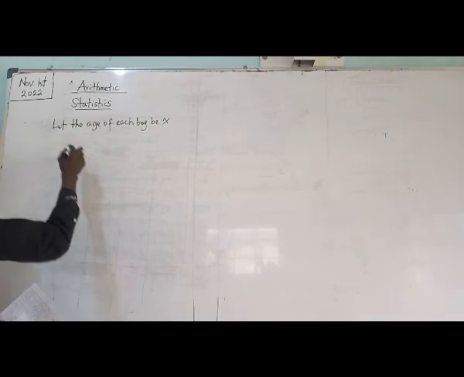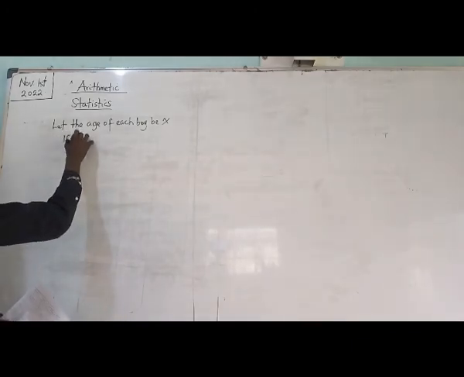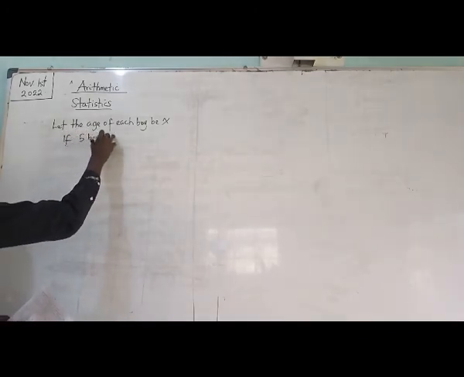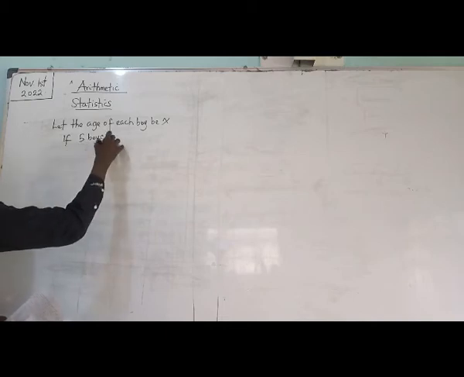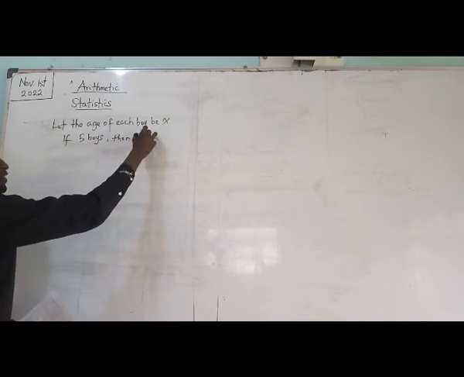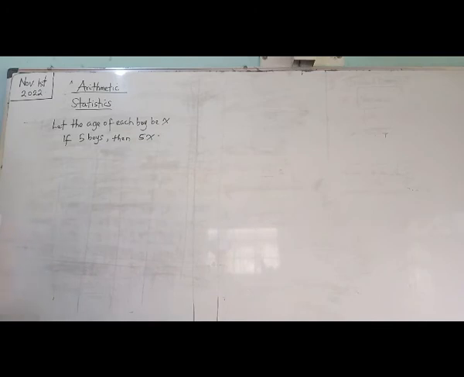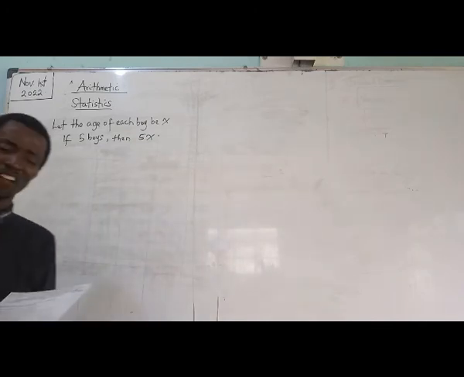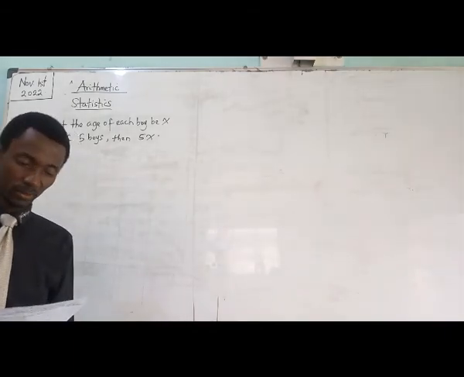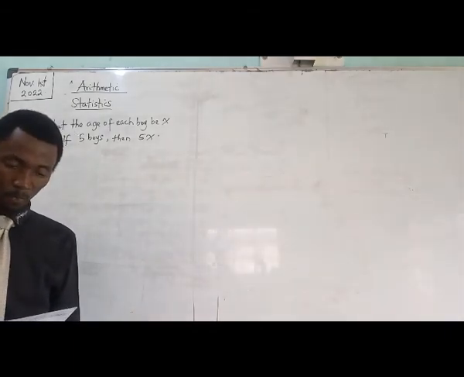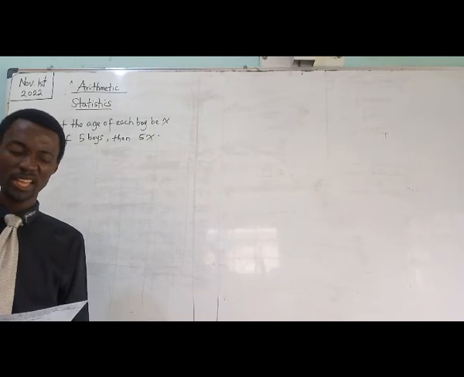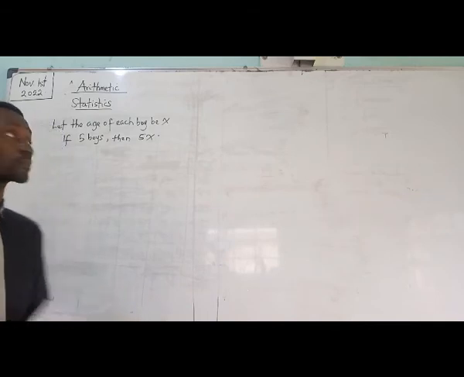So, there are 5 boys. So, if 5 boys, then 5x. There are 5 boys, it means 5x. Now, another set of 5 boys of the same age, but each is 2 years older than the first set. Is that not?